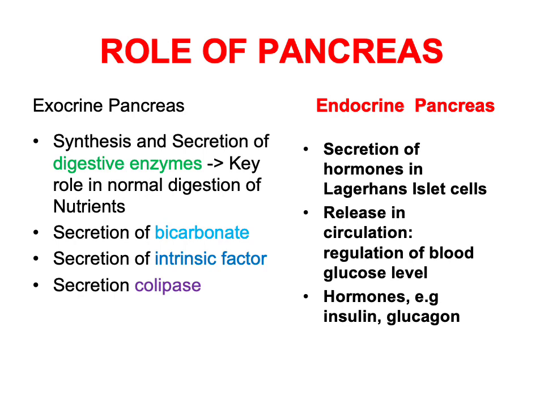Now we have to concentrate on the endocrine pancreas, with activities like secretion of hormones in the Langerhans islet cells, released into circulation to regulate the glucose level of the blood. The hormones are insulin and glucagon as the two most important.